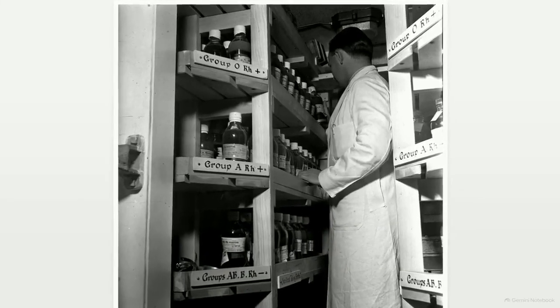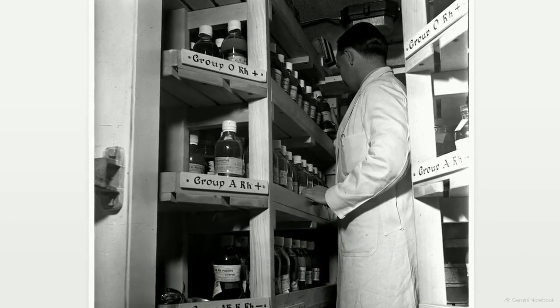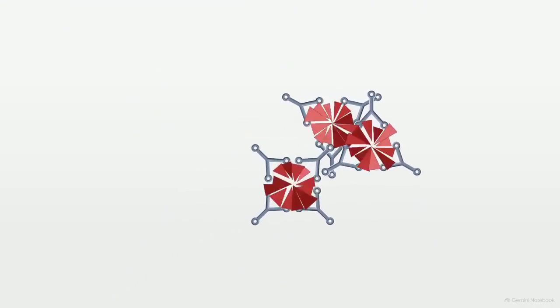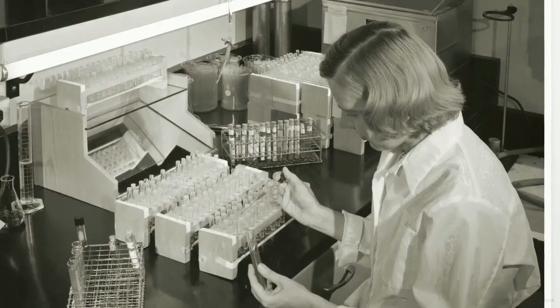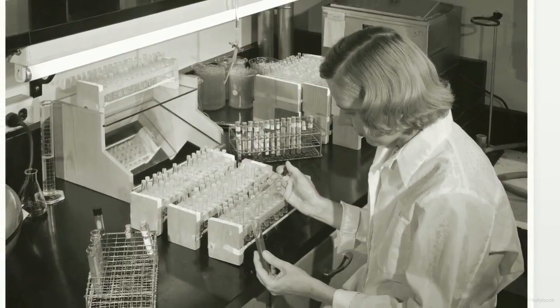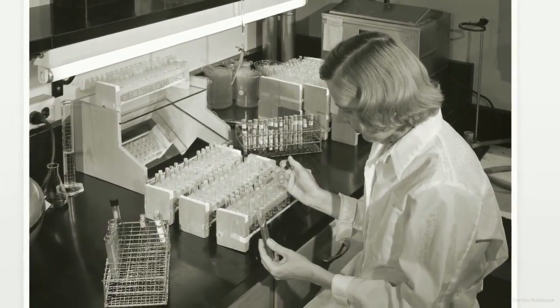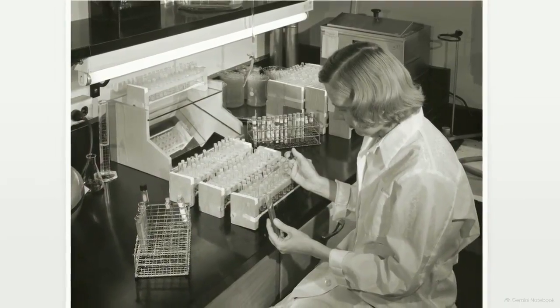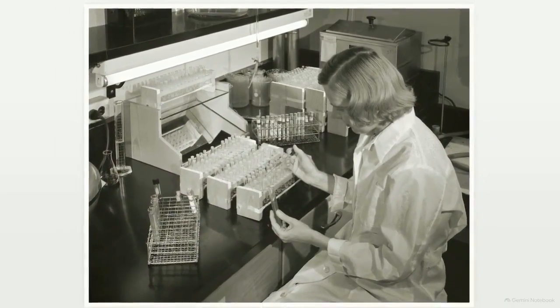Collected units are immediately typed according to the ABO and Rh systems. Administering incompatible blood causes the recipient's immune system to attack the donated cells, resulting in a fatal hemolytic transfusion reaction. The fluid also undergoes mandatory screening protocols to detect transfusion-transmissible infections like HIV, Hepatitis B, Hepatitis C, and Syphilis.